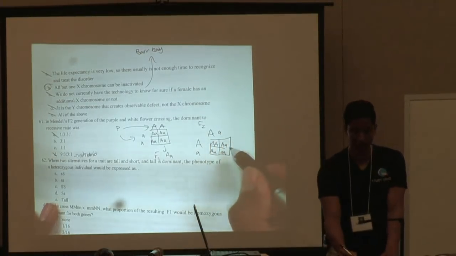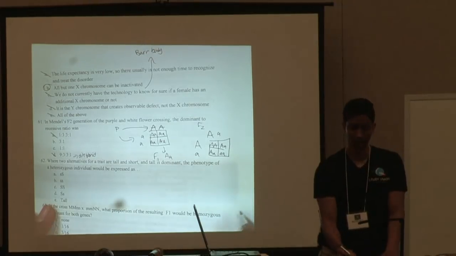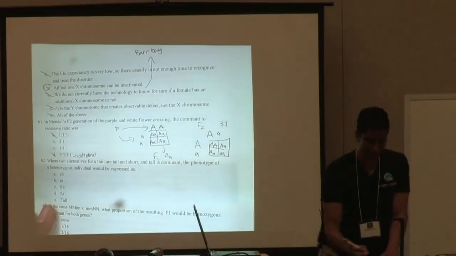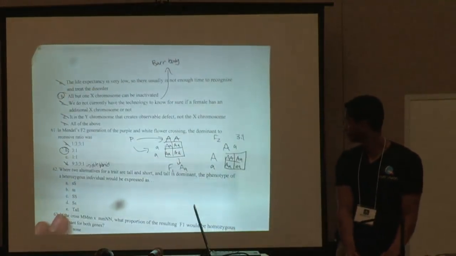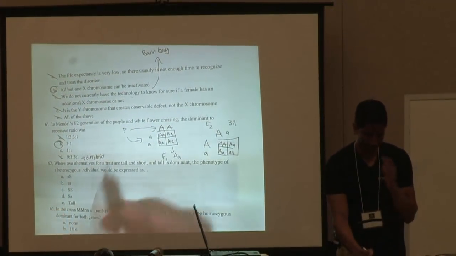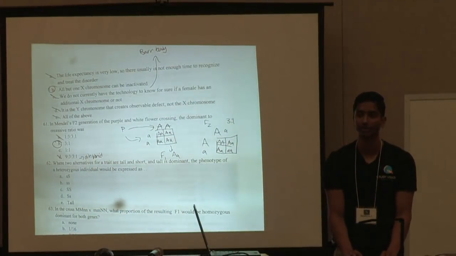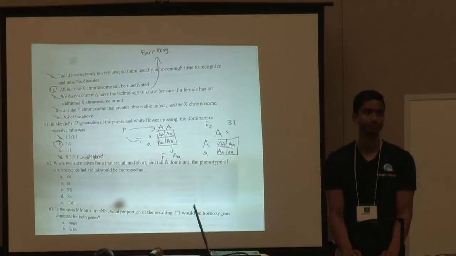How many of these are going to be expressing the dominant trait? 3. And recessive? 1. Yeah, I know this is kind of a tricky question. I know you guys probably didn't remember this stuff, but it could be on there. Does that make sense?